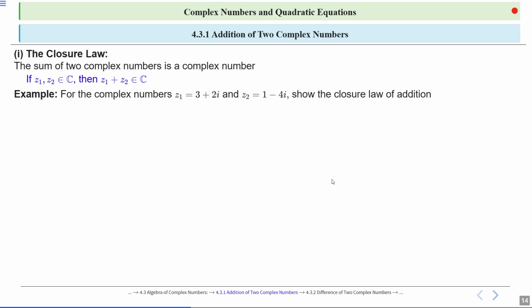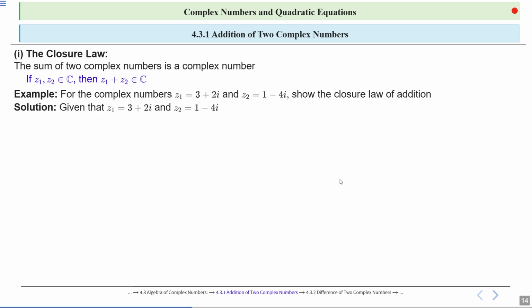Let's look at an example to clear this topic. Suppose we have two complex numbers, Z1 equals 3 plus 2 iota and Z2 equals 1 minus 4 times iota. We will use these numbers to demonstrate the closure law for addition. Let's solve this example step by step.